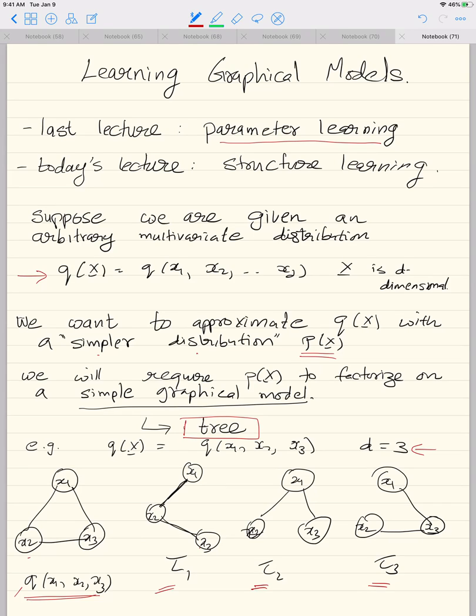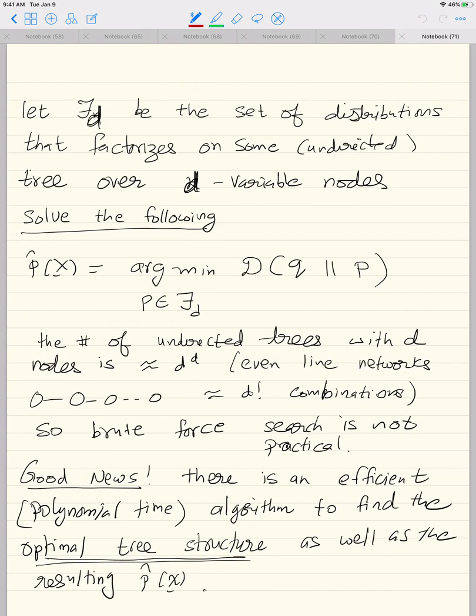All we know is that there should be some sort of conditional independence that should be imposed in this way when we try to approximate Q with respect to P. So we have a twofold question. One is which is the best tree to select to approximate the original distribution. And then the second question is what are the parameters of the distribution once the tree is selected.